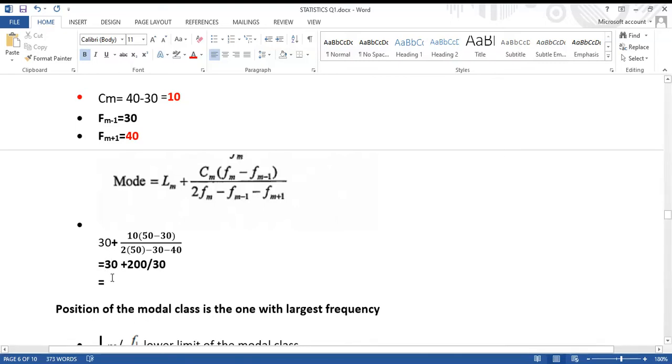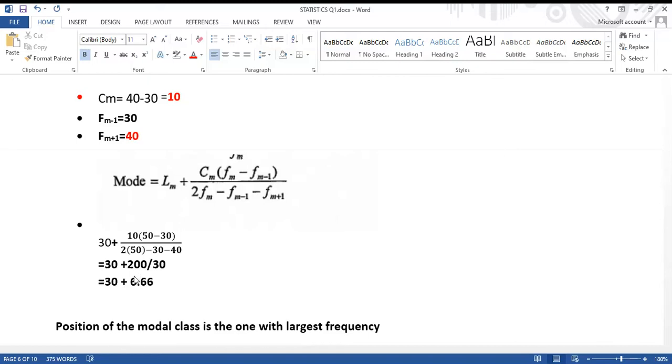Are we okay with that? So 200 divided by 30 will give us 6.66. So we have 30 plus 6.66. Right? Then we'll get 36.66.